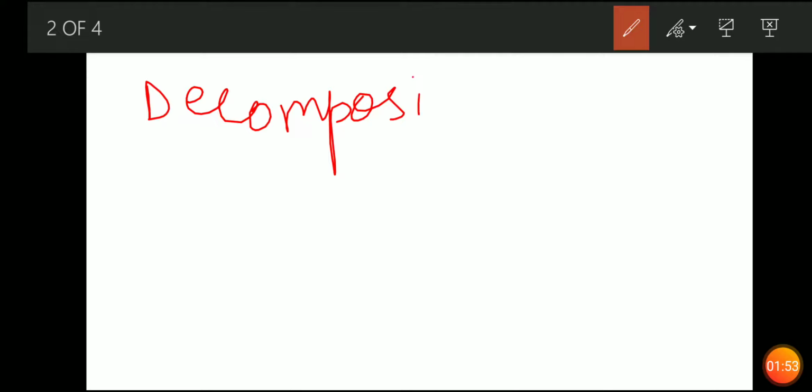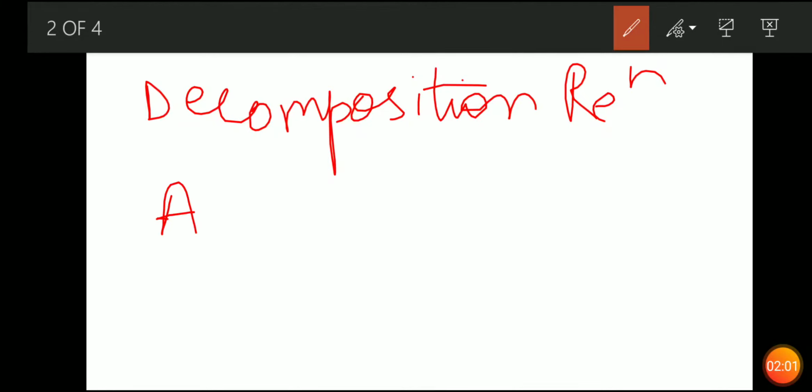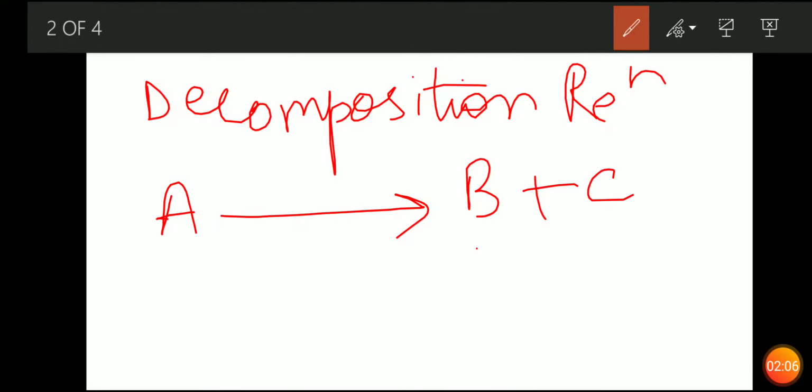Now let's start our topic. I have told you what is decomposition reaction. What is decomposition? In which a single reactant A breaks down into B plus C, that is your product, by giving up heat.